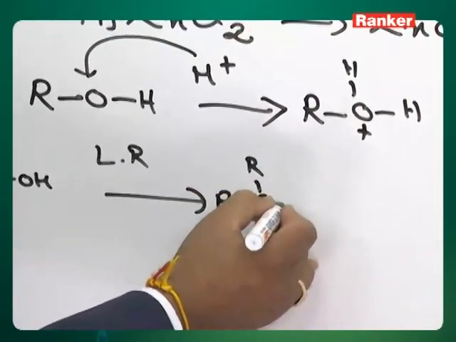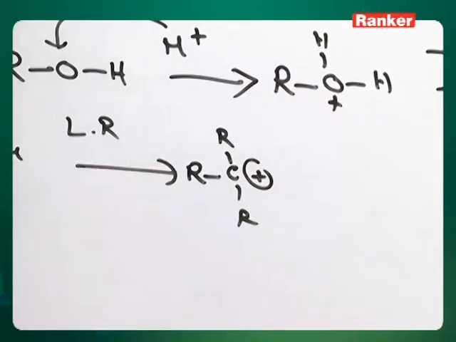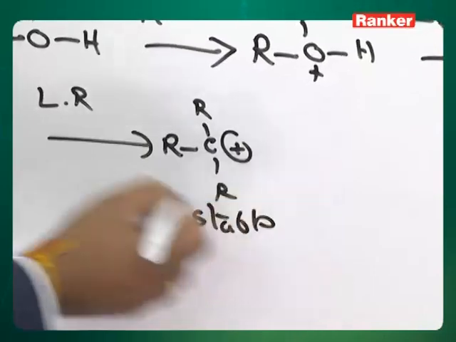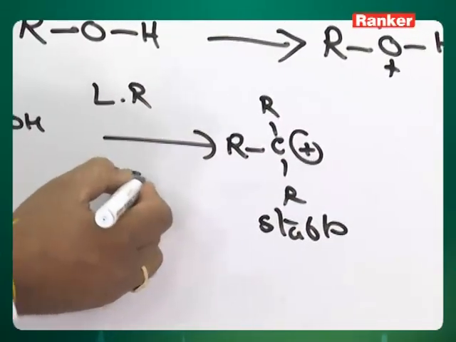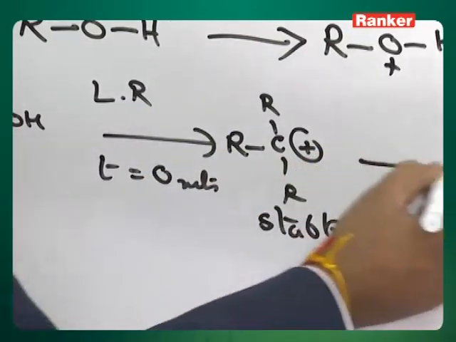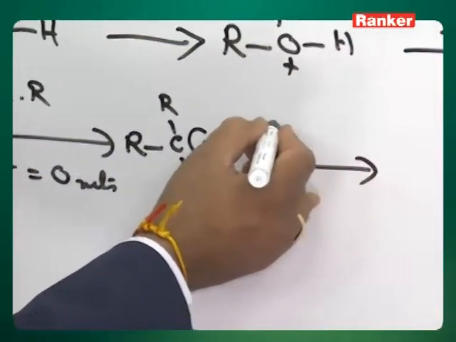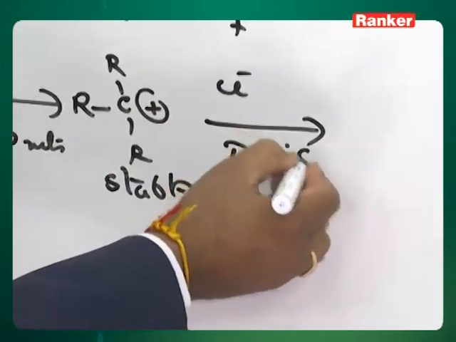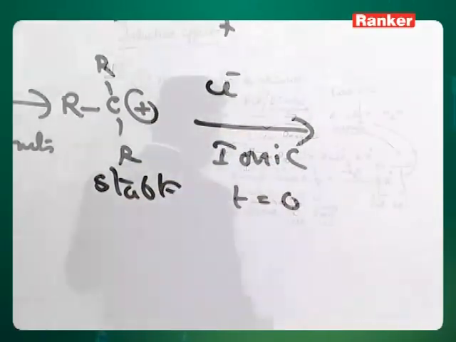Tertiary carbocation formation is very stable, so the time required for the reaction is 0 minutes. Once the carbocation forms, the second attacking species is Cl minus. This is an ionic reaction, and all ionic reactions take 0 minutes.